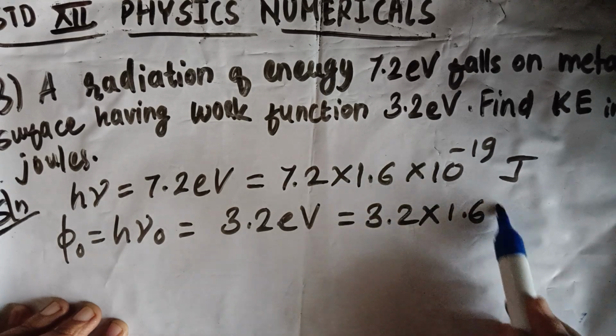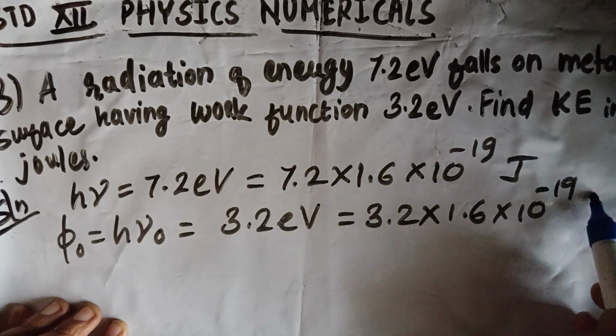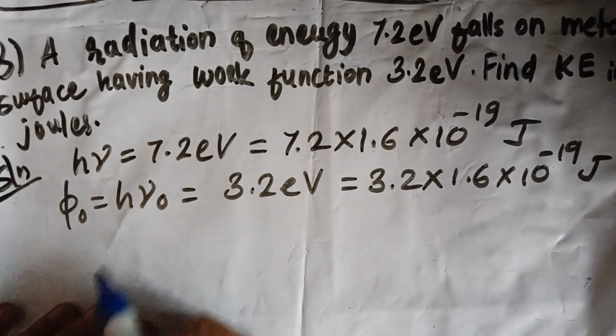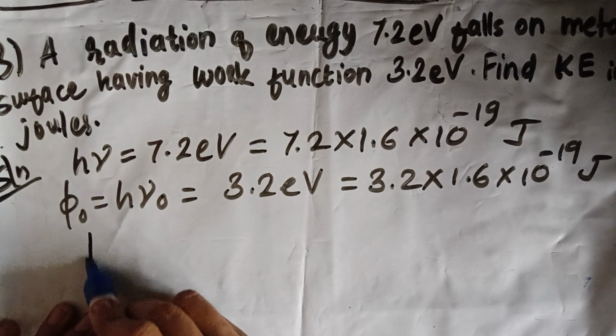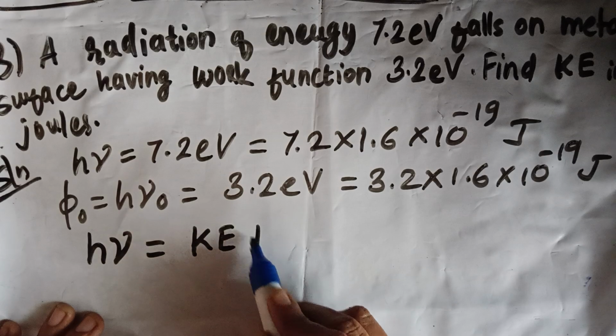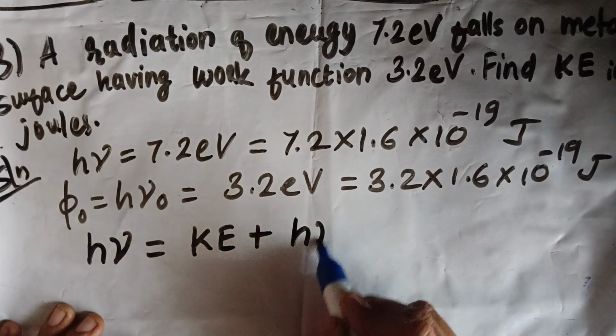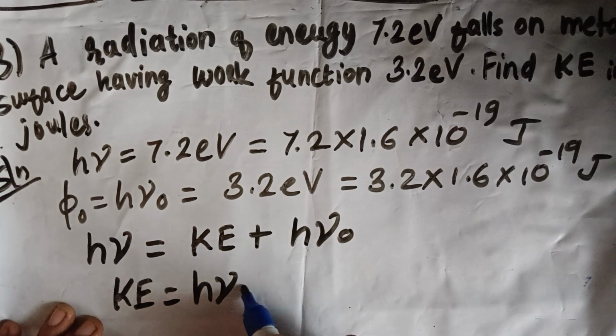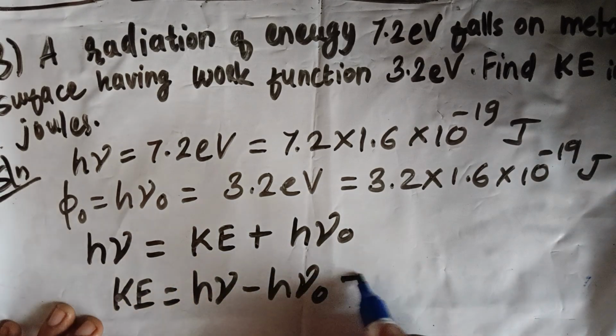Converting it to joules, you have to find the maximum kinetic energy. How do we write it? Incident radiation energy is equal to kinetic energy plus the work function, correct? So our kinetic energy is the incident energy minus this.